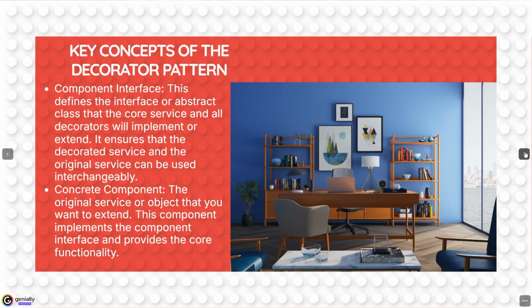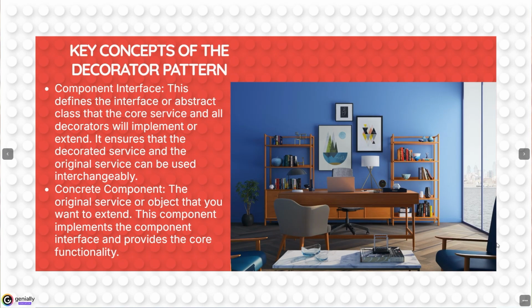It ensures that the decorated service and the original service can be used interchangeably. The other one is concrete component. The original service or object that you want to extend. This component implements the component interface and provides the core functionality.